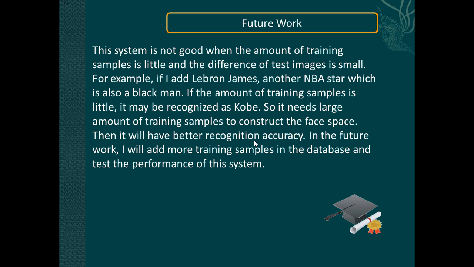So if, for example, I add LeBron James, another NBA star, who is also a black man, to the test images, and the amount of training samples is small, he may be recognized as Kobe. So the system needs a large amount of training samples to construct the face space. It will then have better recognition accuracy. In future work, I will add more training samples to the database and test the performance of this system.